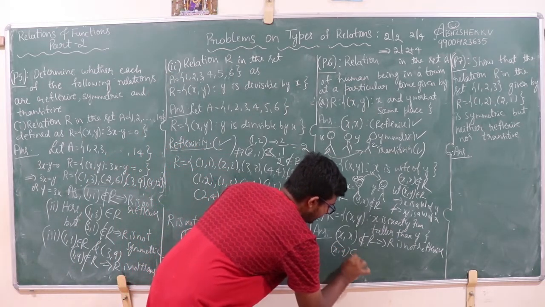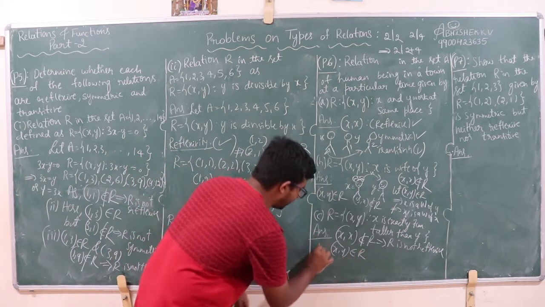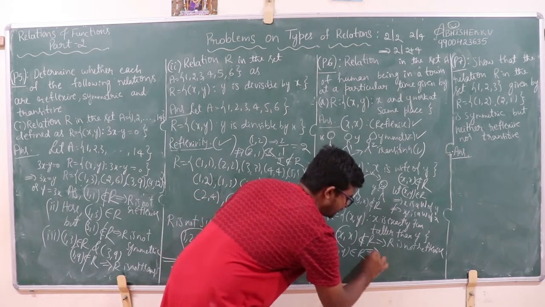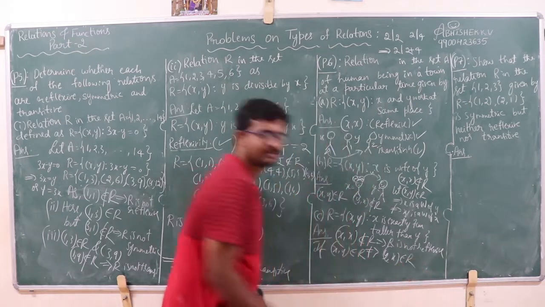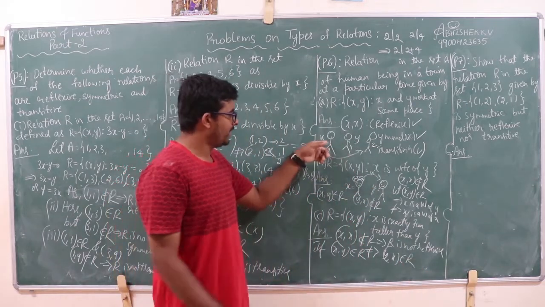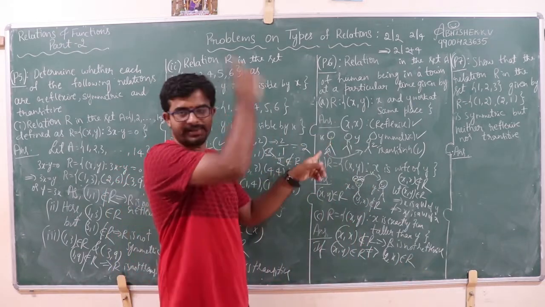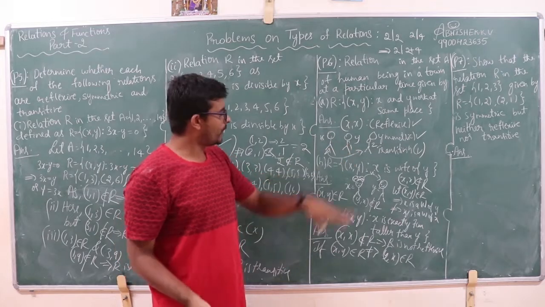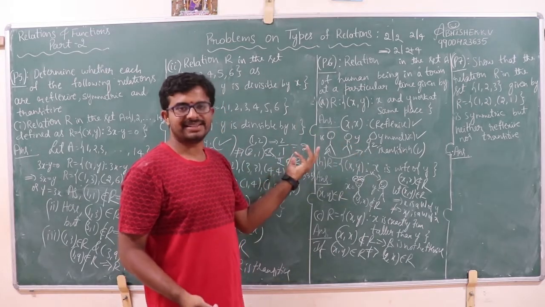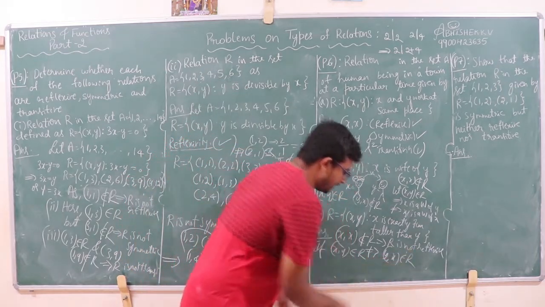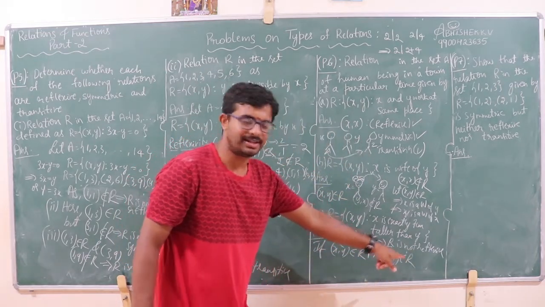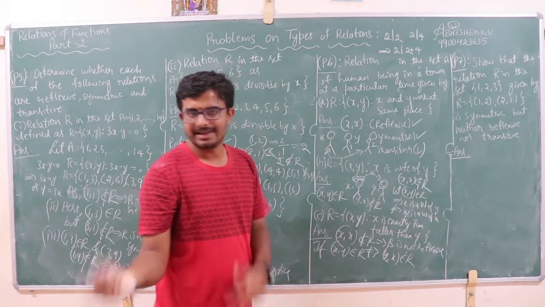See, next one. If x is 7 cm taller than y, this does not imply y is 7 cm taller than x. If I consider two human beings, if x is 7 cm taller than y, it is not possible y is 7 cm taller than x. Therefore, this does not imply y, x belongs to the relation R. This implies R is not symmetric.